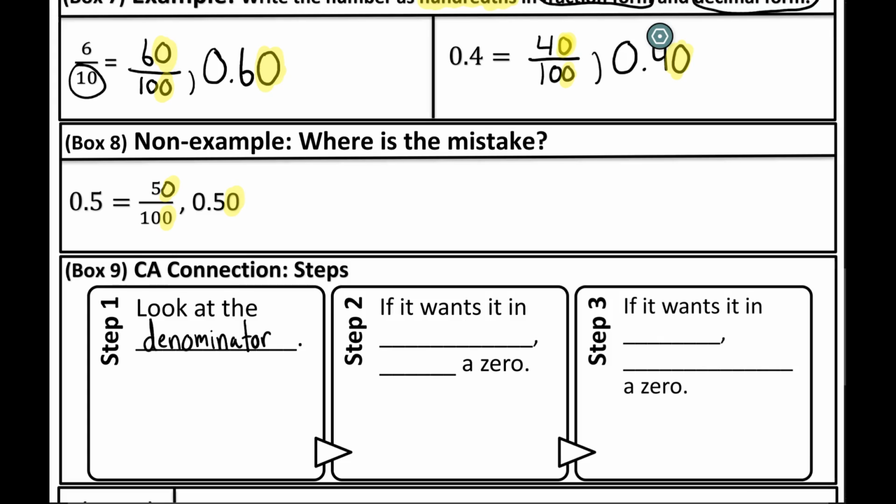And step 2, if it wants it in hundredths, H-U-N-D-R-E-D-T-H-S, we need to add a 0, okay? And step 3 says, if it wants it in tenths, then we simply subtract, right? We subtract a 0, okay?